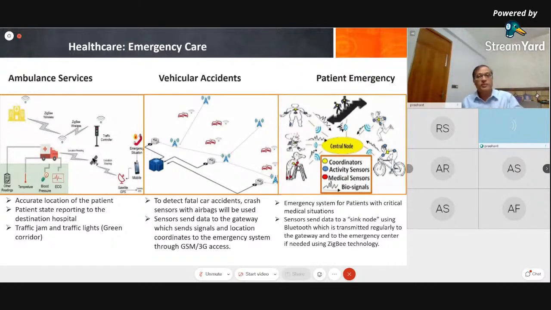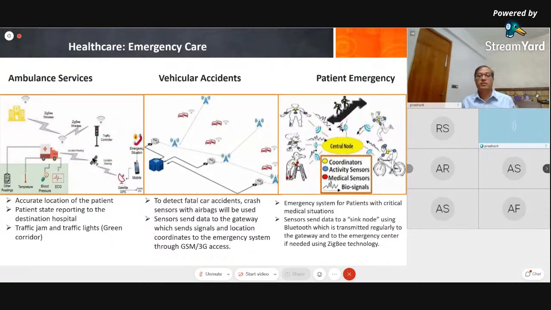And reaching the patient with certain sensors, it can let the hospital know the exact situation of the patient. If it is very urgent, then the hospital system is connected with the traffic light system. So the route this ambulance is taking, they would make sure that all the traffic signals are green. So they would create a green corridor, and it will not get stuck in traffic.